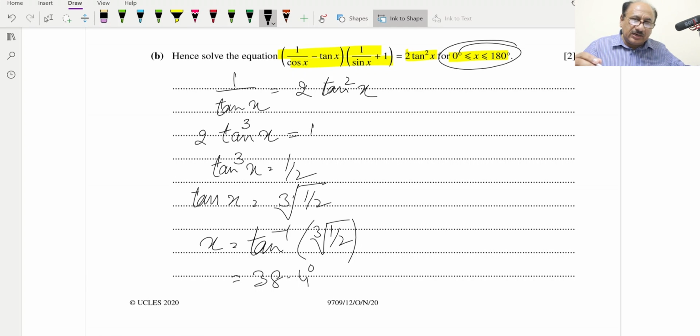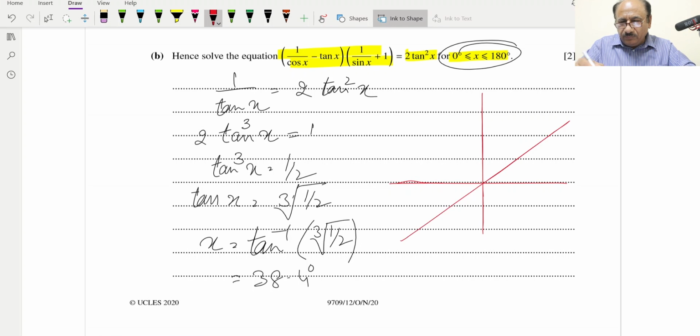Now we need the second angle also. If we try to understand this angle, this will be our coordinate axis roughly drawn. So tan theta is positive in this quadrant, which is 38.4, and tan will be positive in this quadrant also, so we can take 180 plus 38.4.